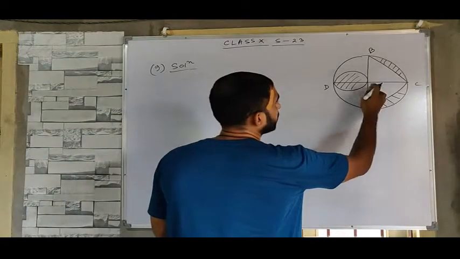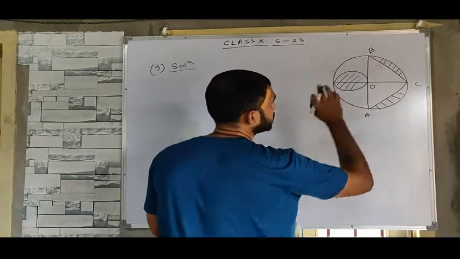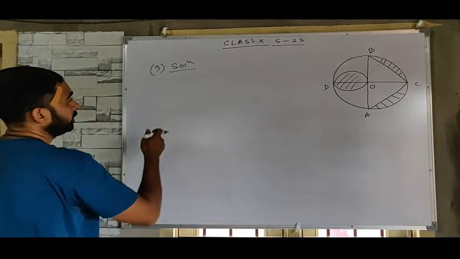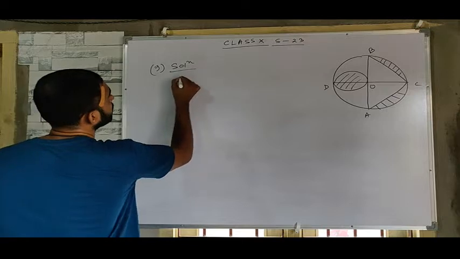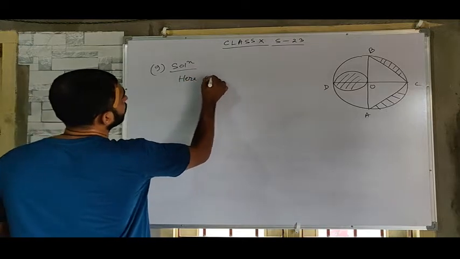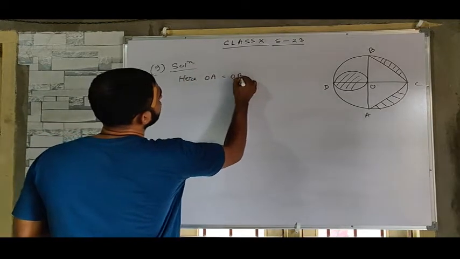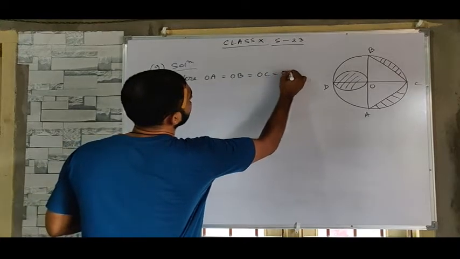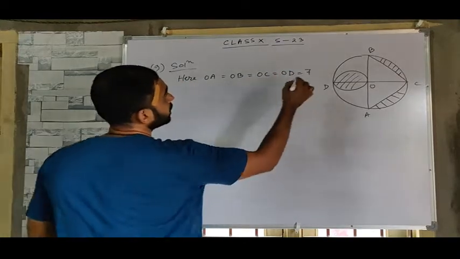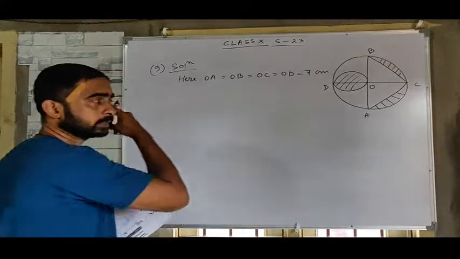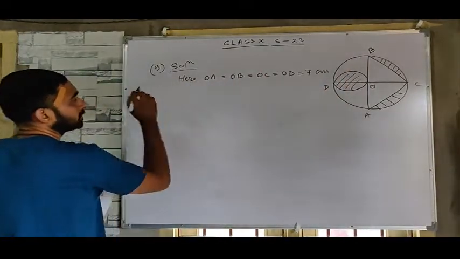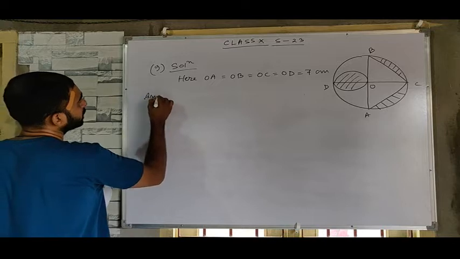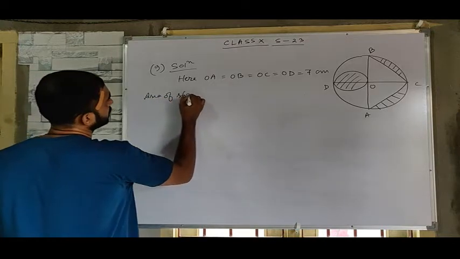If OA equal to 7, then OB also 7, OC 7, OD also 7. OA, OB, OC, OD equal 7 centimeter. Now first find the area of this circle, the shaded circle.